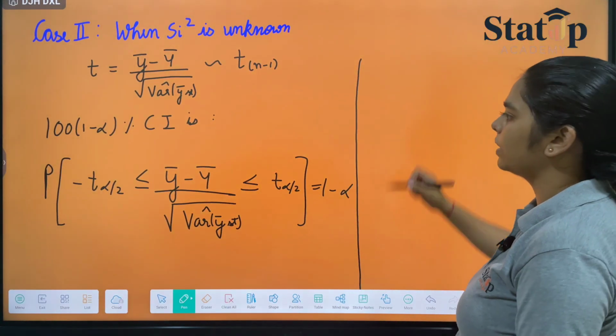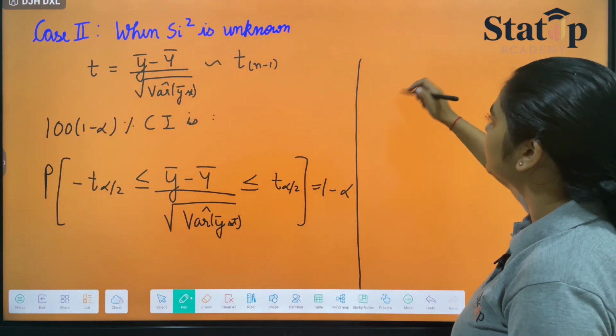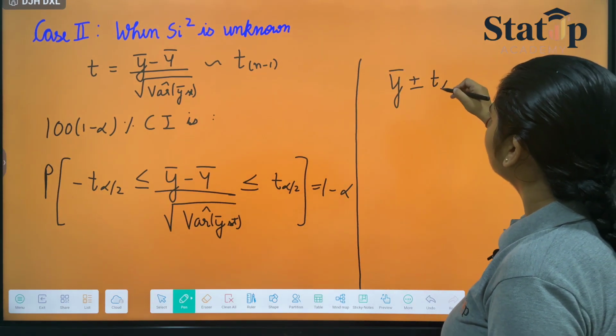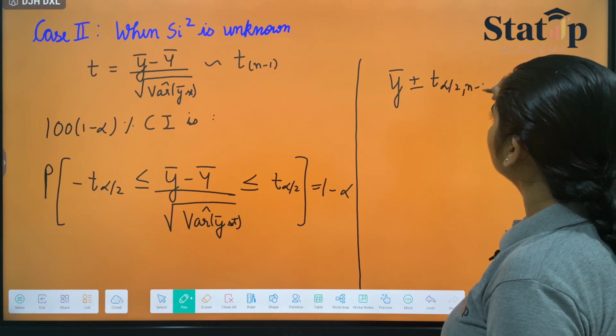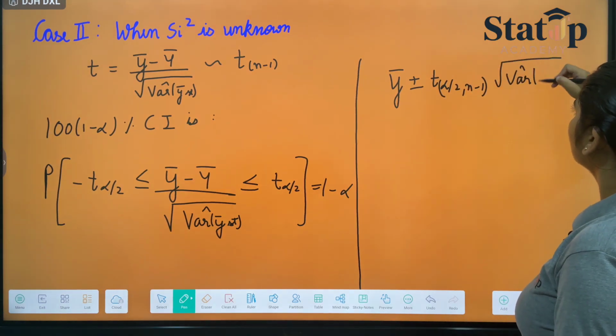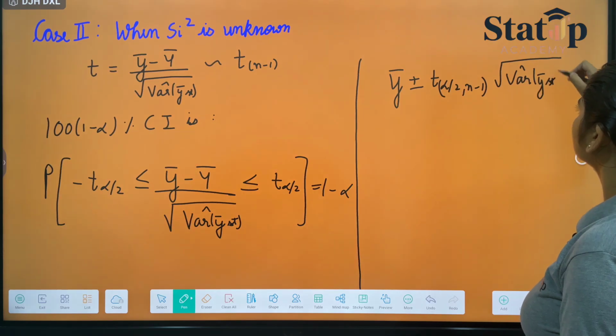So the confidence interval is given by Y bar plus minus T alpha by 2 comma n minus 1 under root of variance of Y bar st.